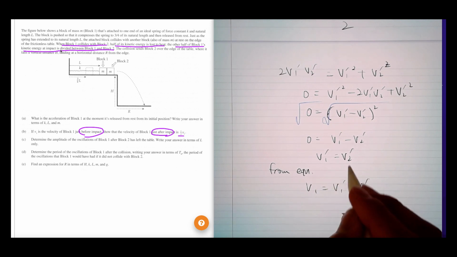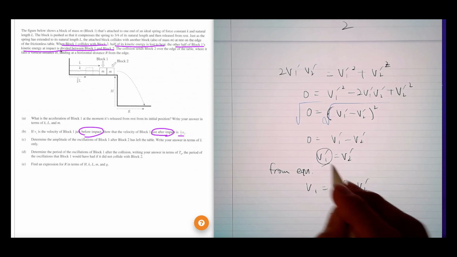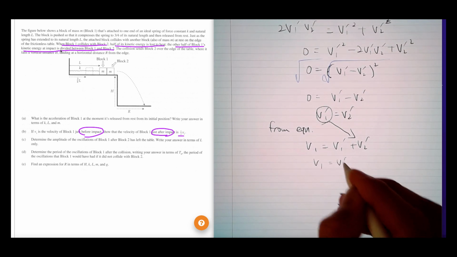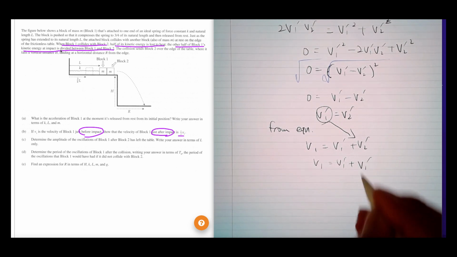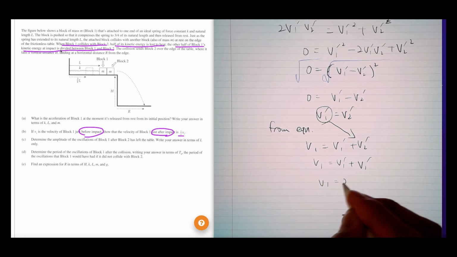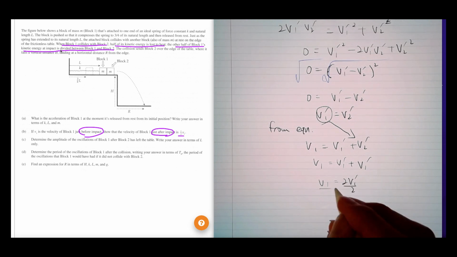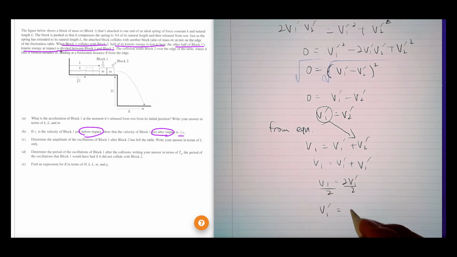We can just substitute the b1' with b2'. So b1 equals b1' plus b1', b1 equals 2b1'. And we just proved that b1' is equal to b1 over 2. So that's part B.